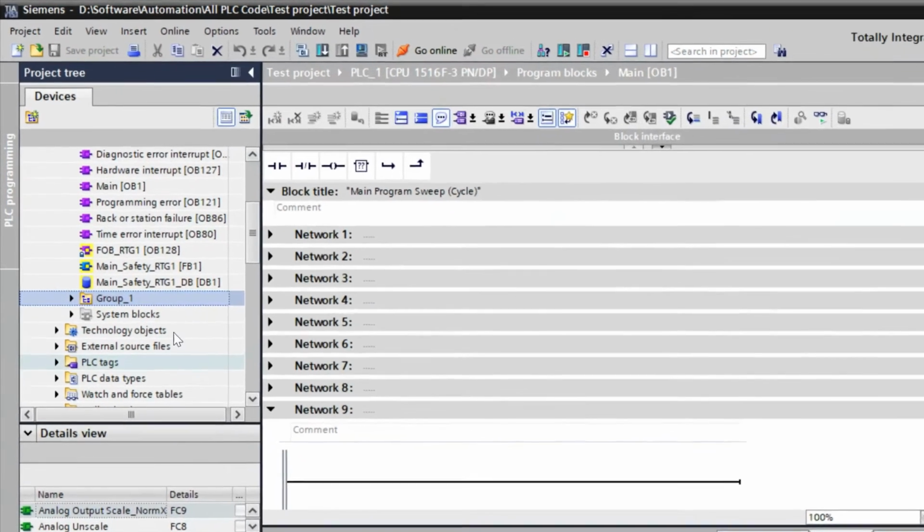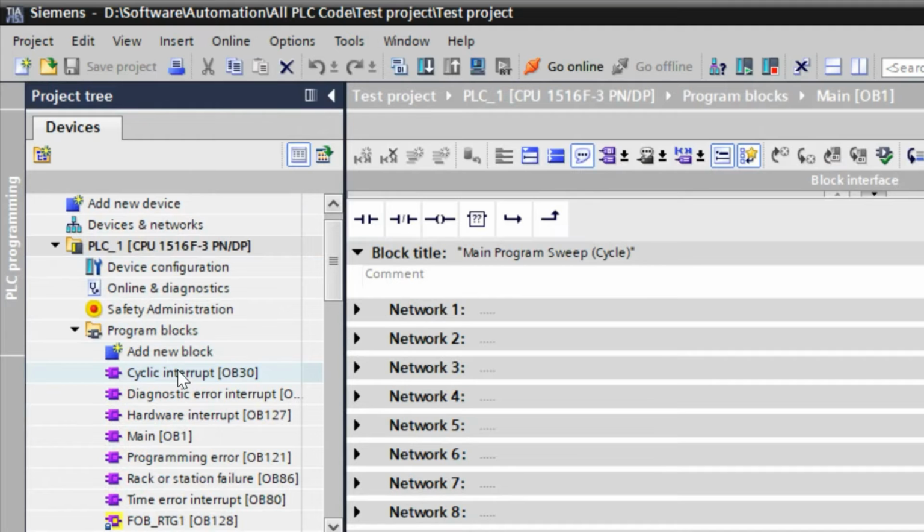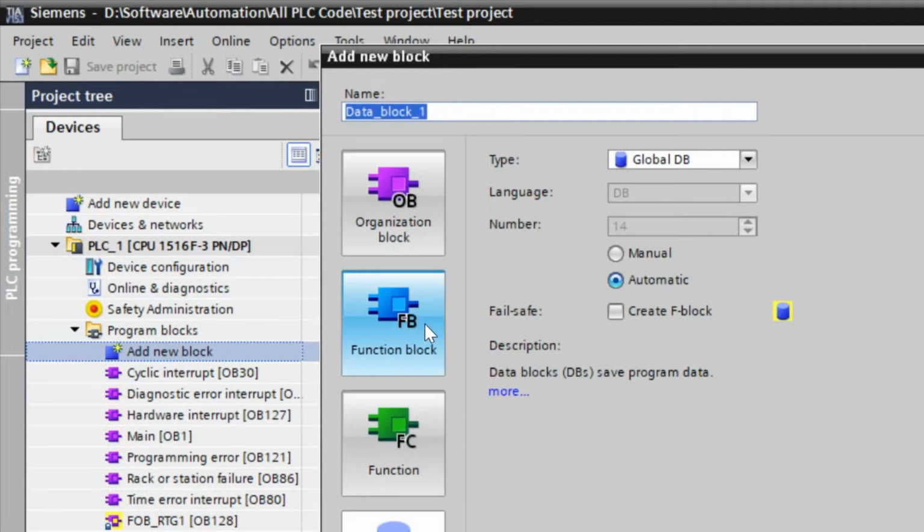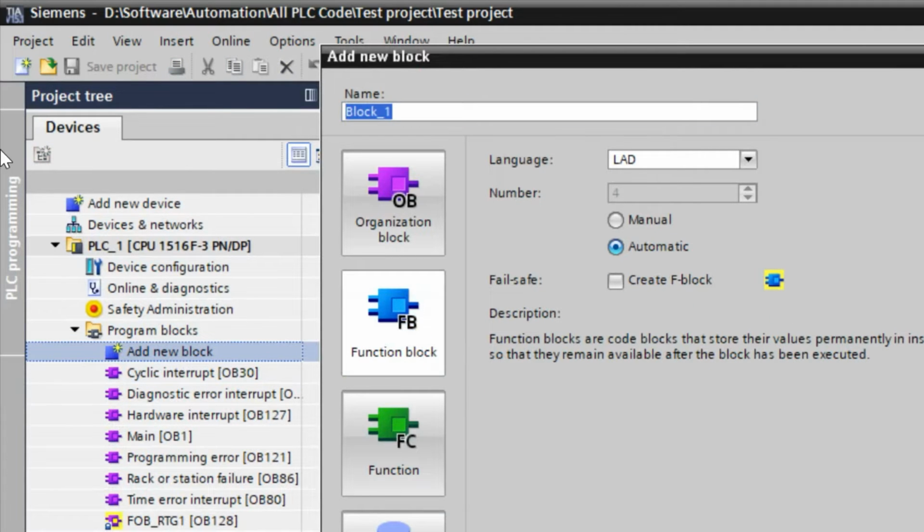Now I will add a function block here and give it the name Totalizer ladder.